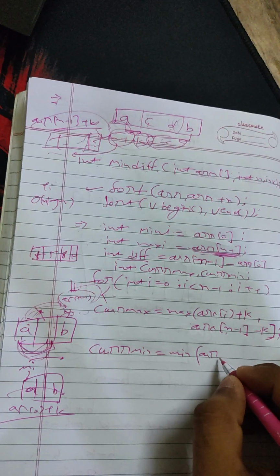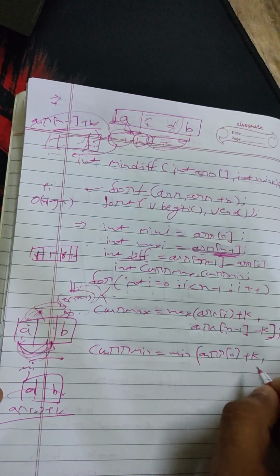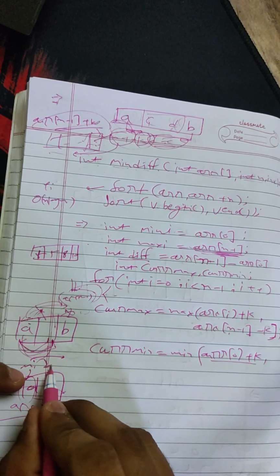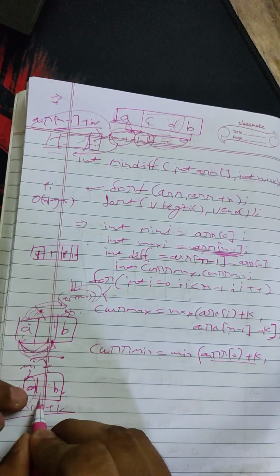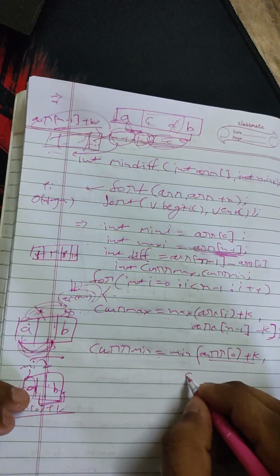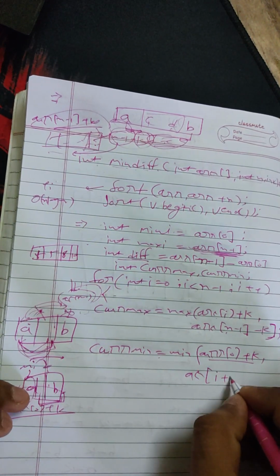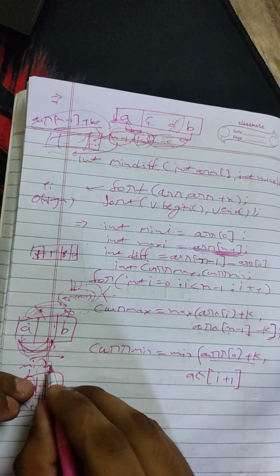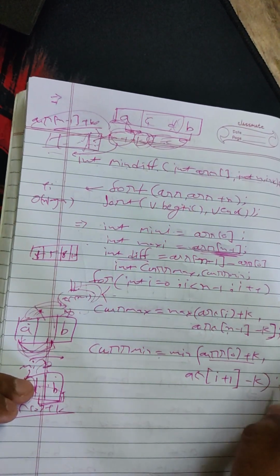If we find a minimum smaller than this, the minimum changes. So arr of i plus 1, the next element, and we find the minimum while reducing k.